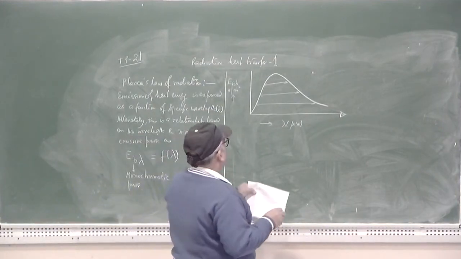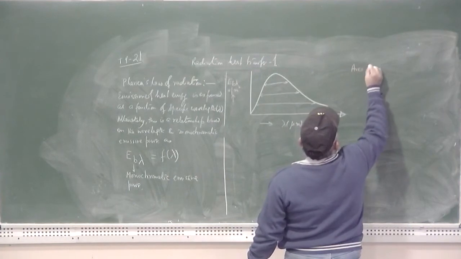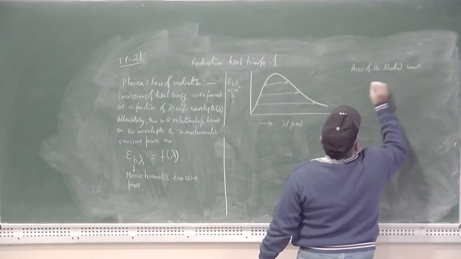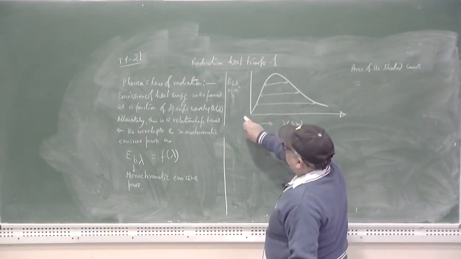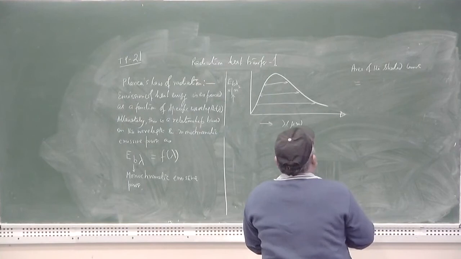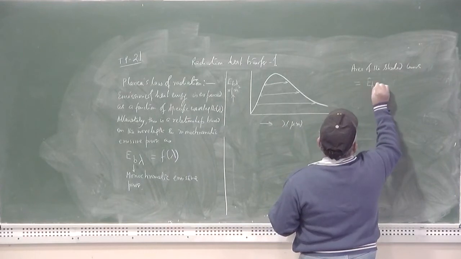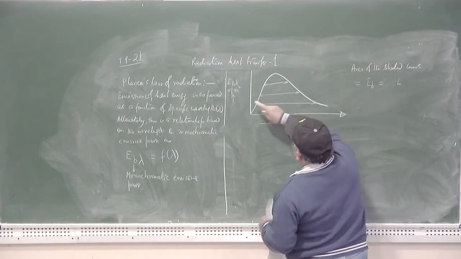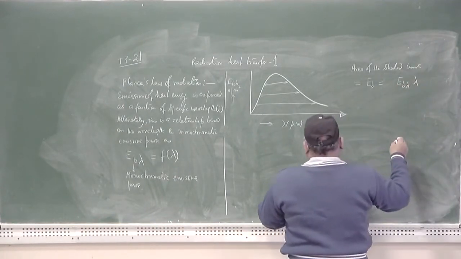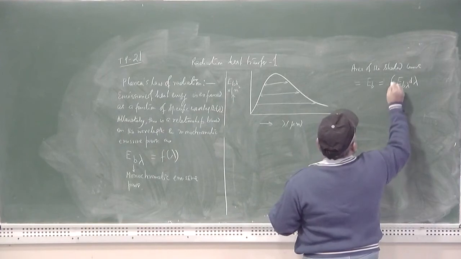So, from the normal principles of integral calculus, the area of the shaded curve, that is EB, may be given as the integration of y dx, that is the integration of Eb lambda d lambda from 0 to infinity.